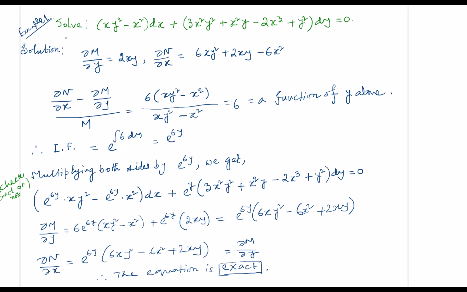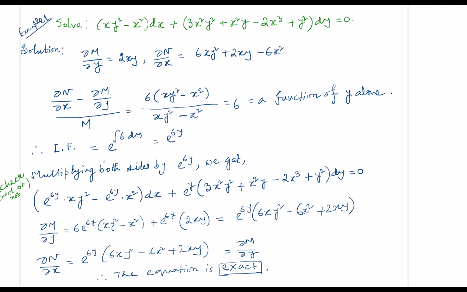Here we see an example. For this differential equation, we find del m by del y is not equal to del n by del x, so it is not exact, and we find del n by del x minus del m by del y divided by m, that is equal to 6, which can be regarded as a function of y alone.